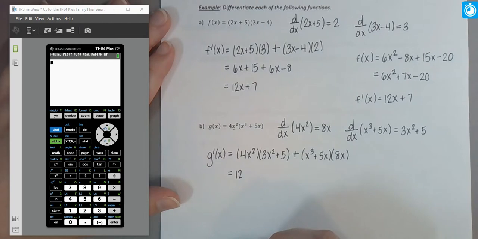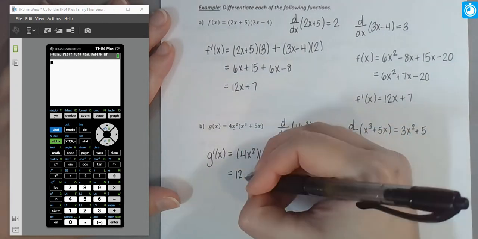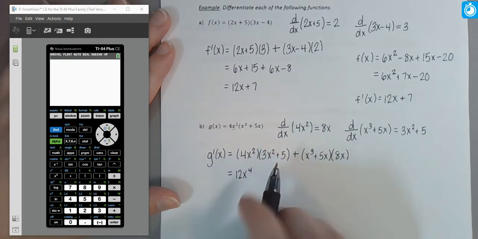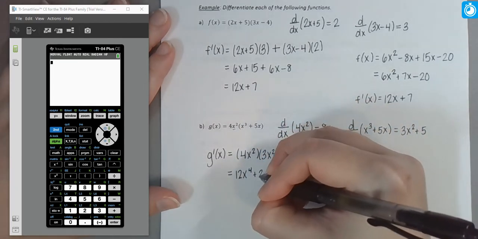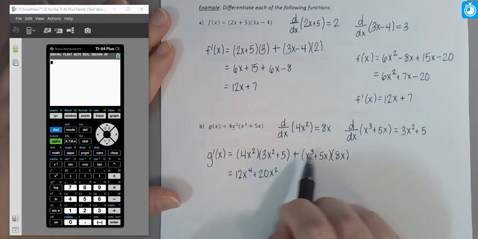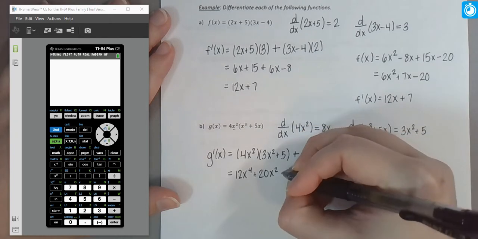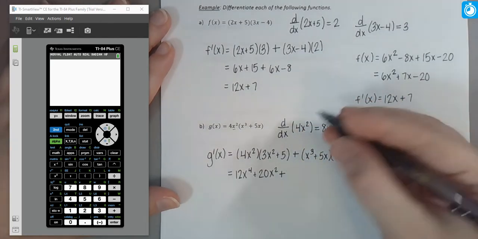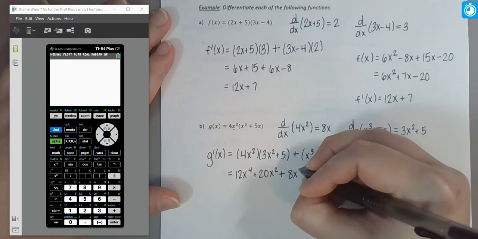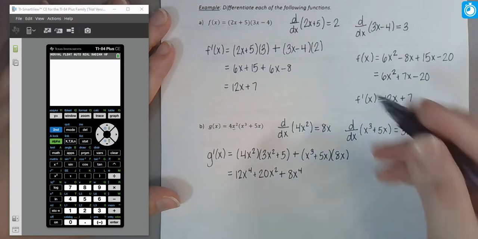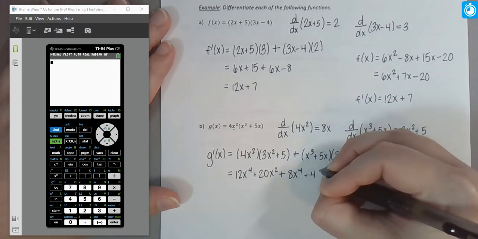And then x squared times x squared, we have 2 x's here, 2 x's here, multiply them all together, we get an x to the 4th power. 4x squared times positive 5 is positive 20x squared. Now we're adding, everything here is positive, so it's all just going to be addition from there. So x cubed times 8x is going to be 8x to the 4th power. And then 5x times 8x is going to be 40x squared.